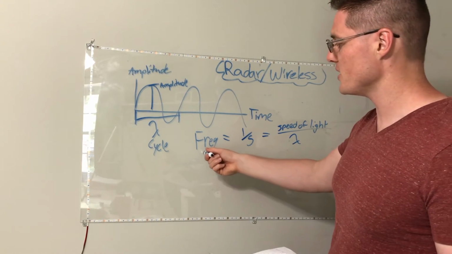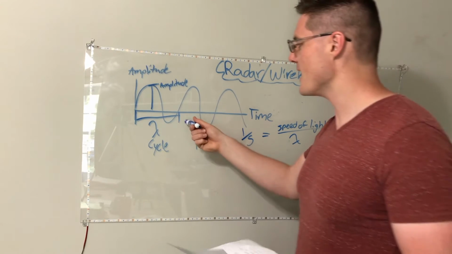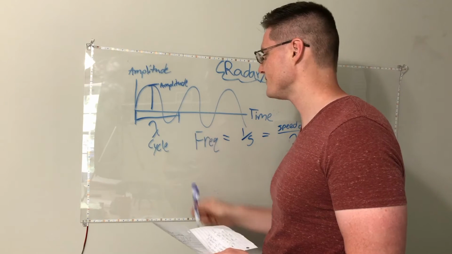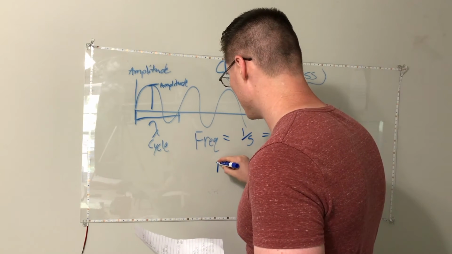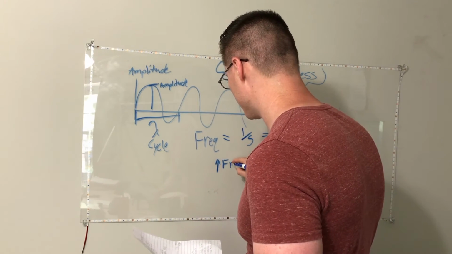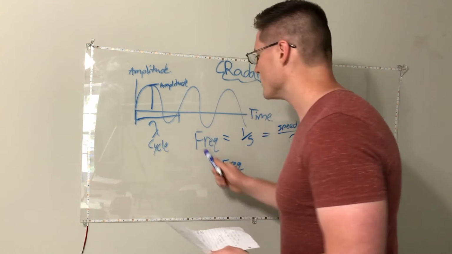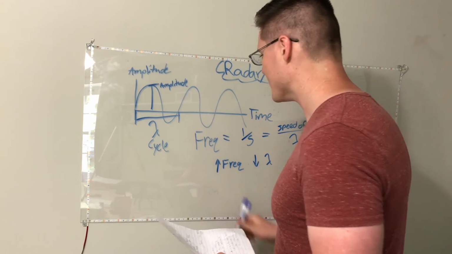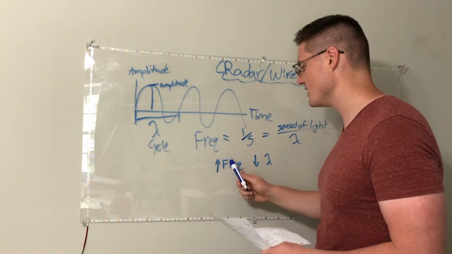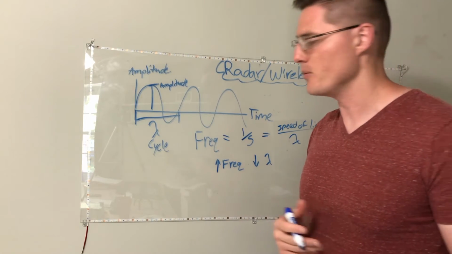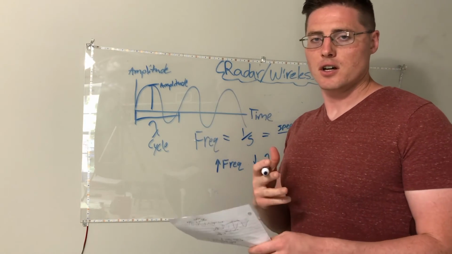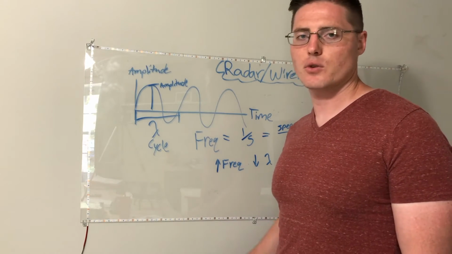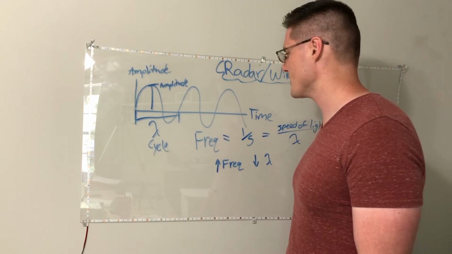The main point to be concerned with here is that as the frequency increases, you have a decrease in the wavelength. An increase in the wavelength will have a decrease in the frequency. So you can consider them basically two sides of the same coin. If you try to increase one, you're going to decrease the other.